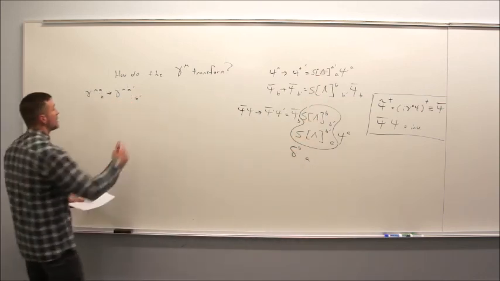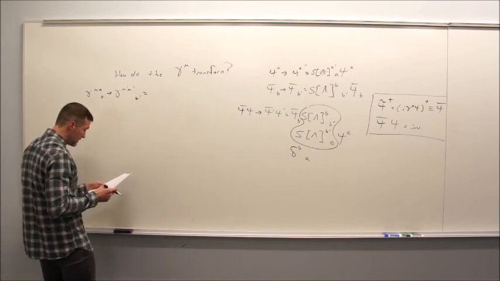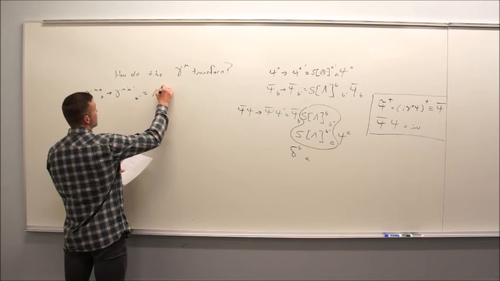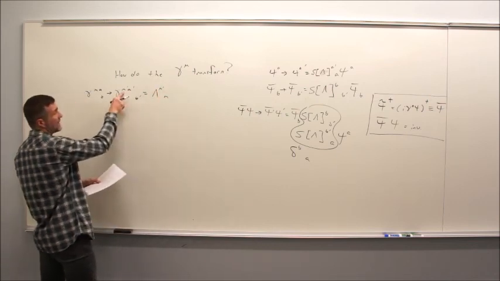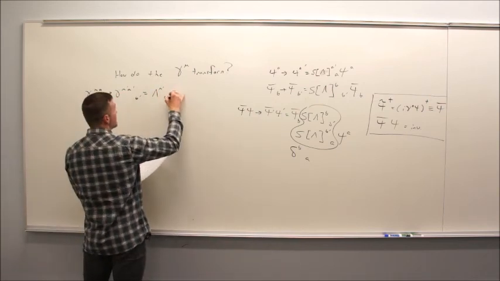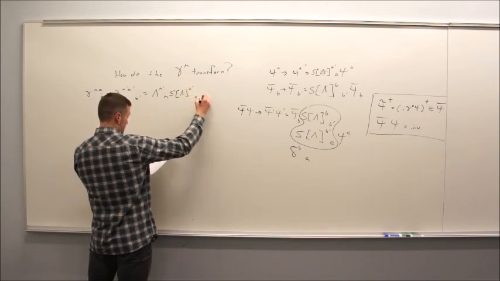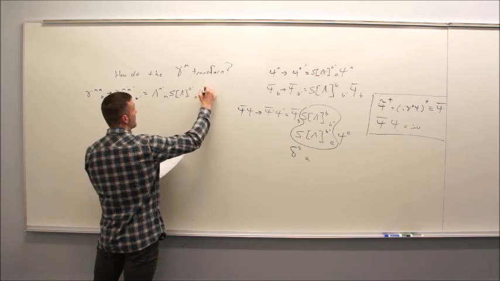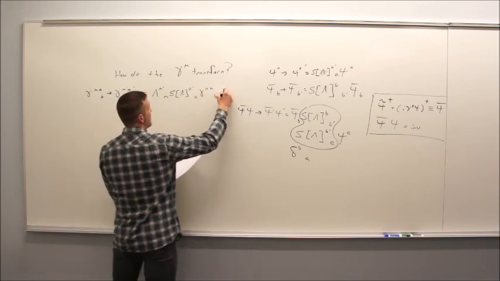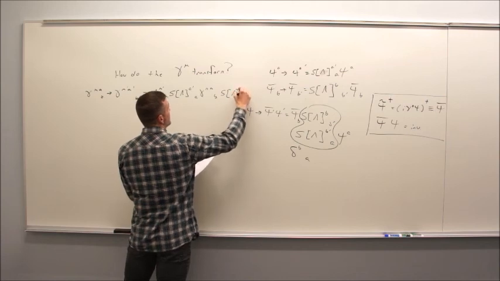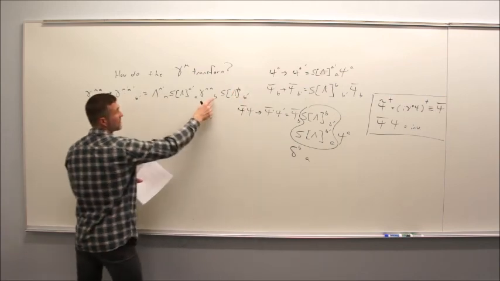So if I do that, then I'm going to find that I need a lambda mu prime mu to transform that index. And then I'll need one of these S lambdas to transform the A index, and an S lambda B prime to transform this index.